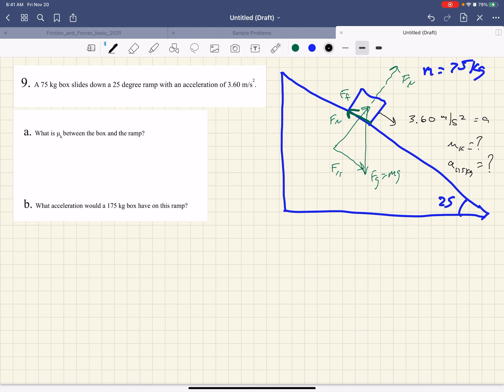So let's start. The first thing we're going to start with is, okay, this is A, this idea that F net equals ma. So what are the net forces? Remember that the net force means total force, and since this box is sliding down the ramp, we only want to concern ourselves with forces that go either up the ramp or down the ramp.